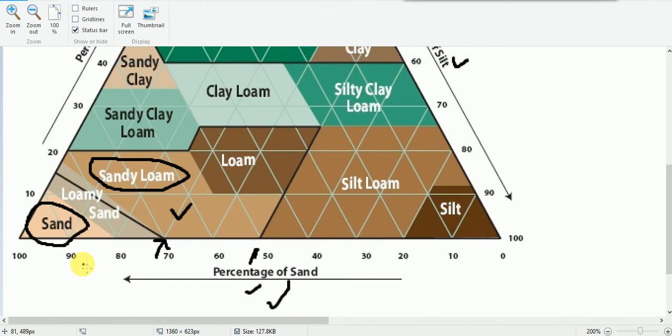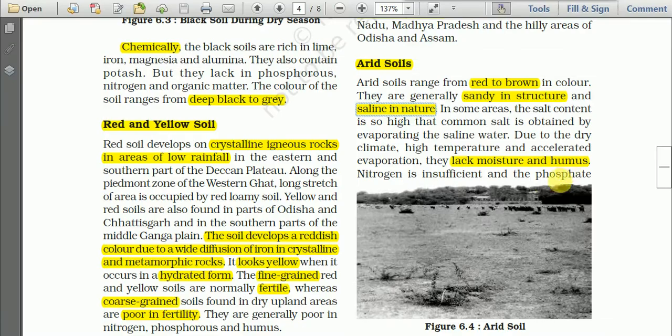Here the sand content is more than 80%, and the clay content is less than 10%, and it is saline in nature. It contains salt, and in some areas salt content is so high that common salt can be obtained by evaporating the saline water.